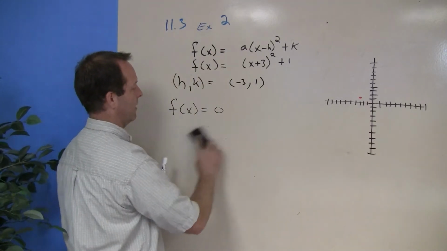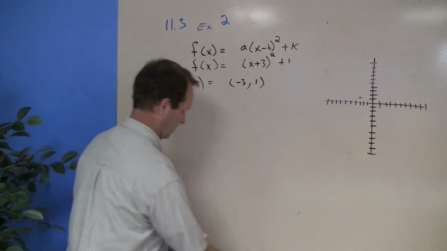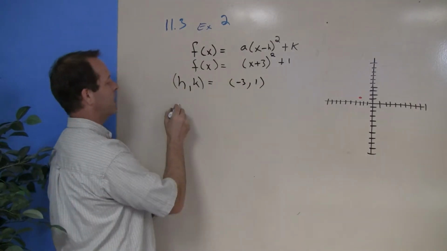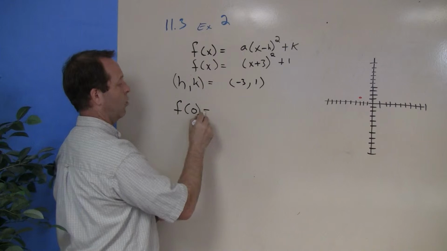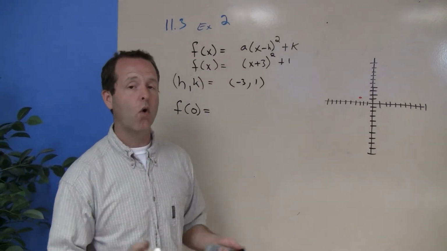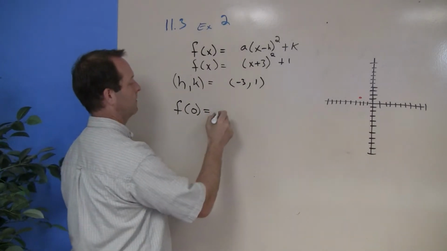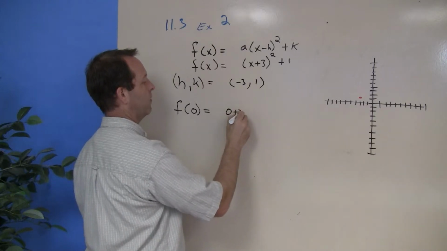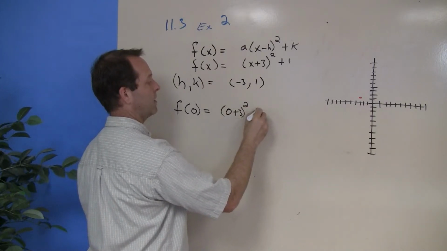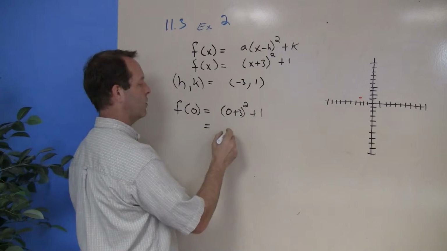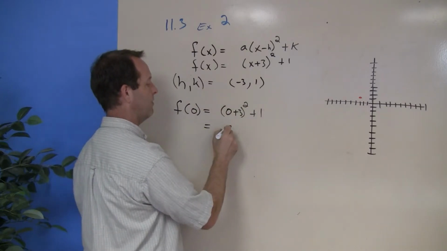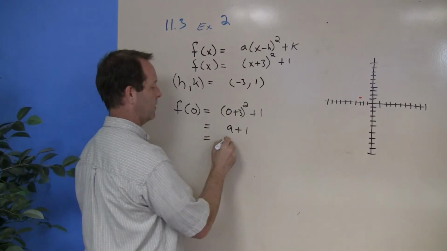The next thing that we want to look at is what happens when we evaluate the function at 0, or f of 0. So this would be 0 plus 3, squared, plus 1: 3 squared is 9, plus 1 equals 10.